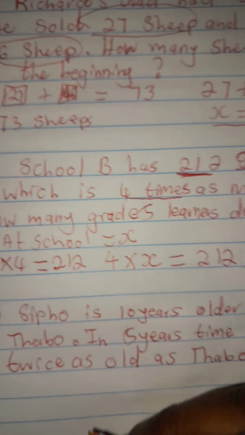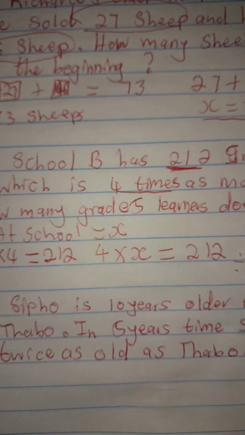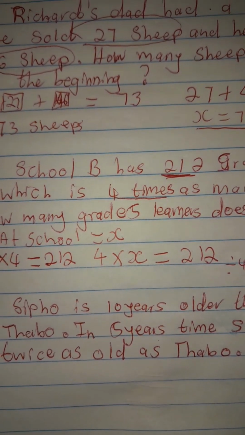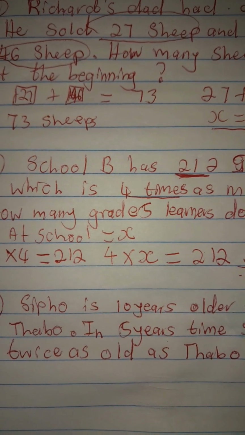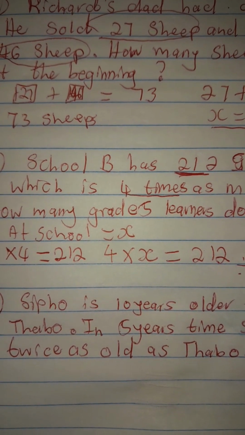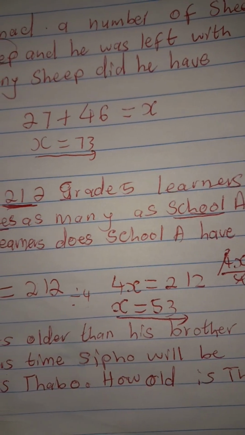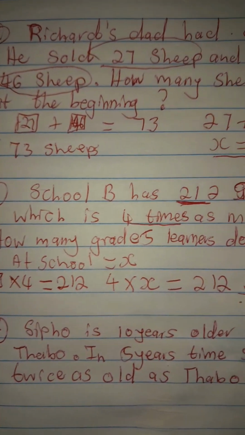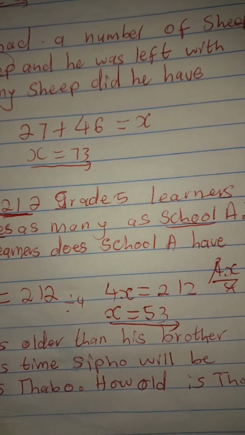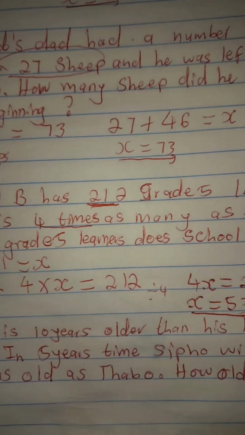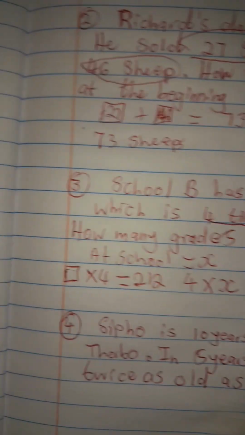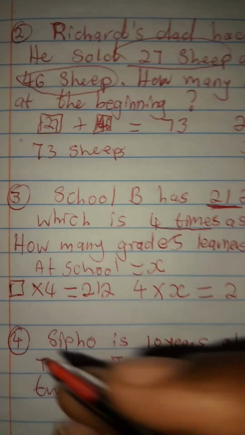We are being told that Sipho is 10 years older than his brother Thabo, and in 5 years time, Sipho will be twice as old as his brother.